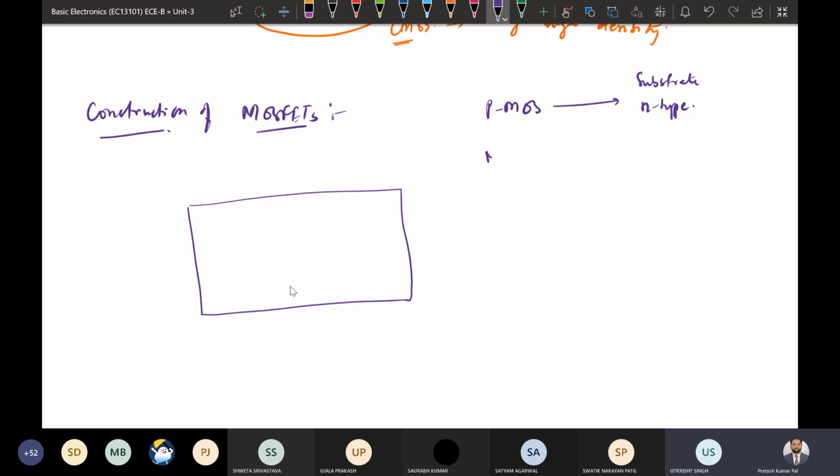If we want to fabricate an N MOSFET, then the substrate that we will be taking is of P type. So suppose we are going to fabricate an NMOS, then a P type substrate we will be taking.